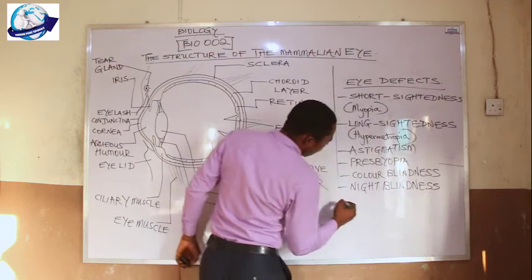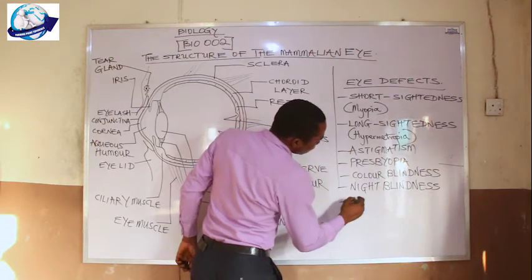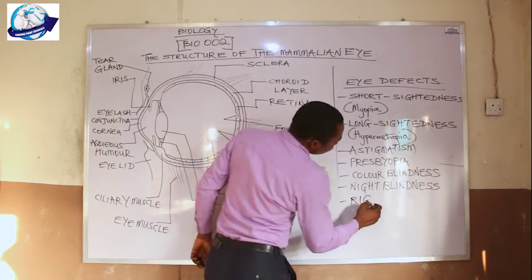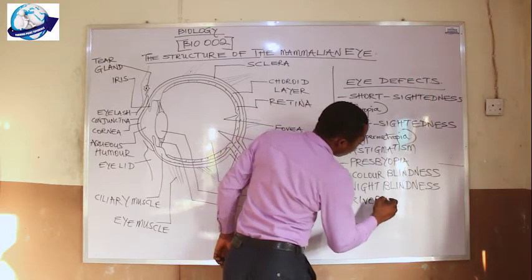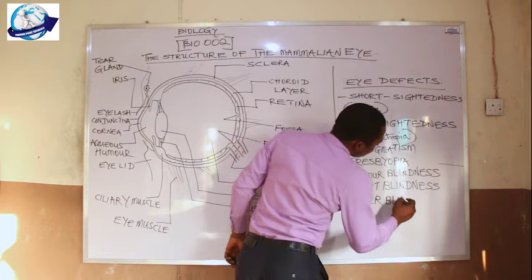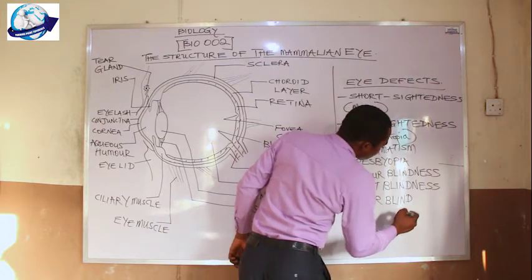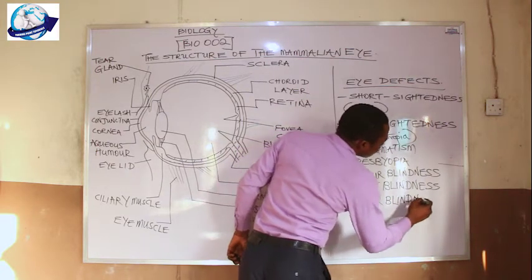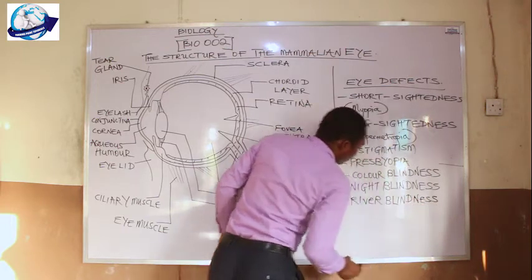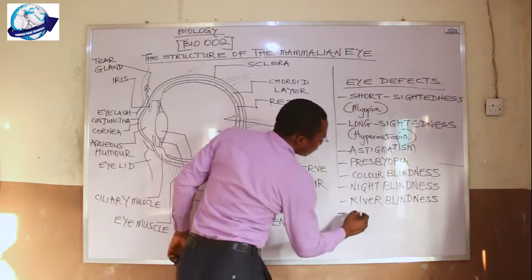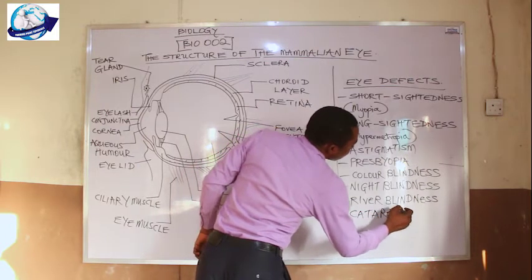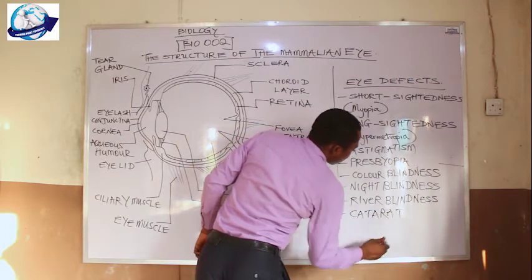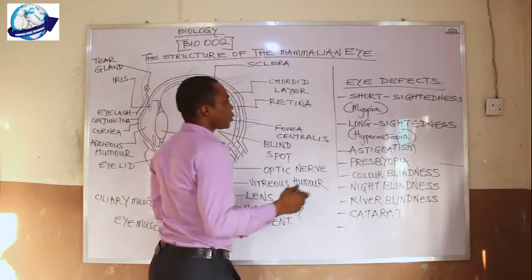Then we can also talk about river blindness, also called onchocerciasis. The other ones are cataracts, glaucoma and so on and so forth.